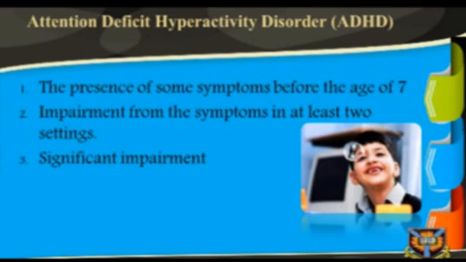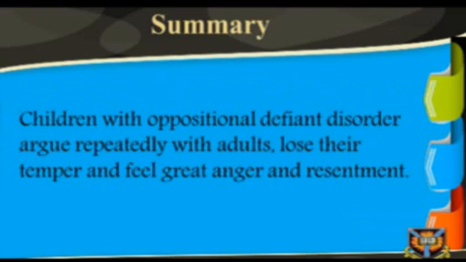1. The presence of some symptoms before the age of 7. 2. Impairment from the symptoms in at least 2 settings. 3. Significant impairment. Summary. Children with oppositional defiant disorder argue repeatedly with adults, lose their temper, and feel great anger and resentment. Between 2 and 16% of children display this pattern (APA, 2000).